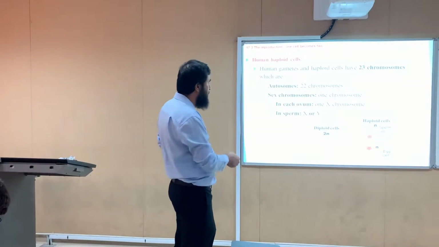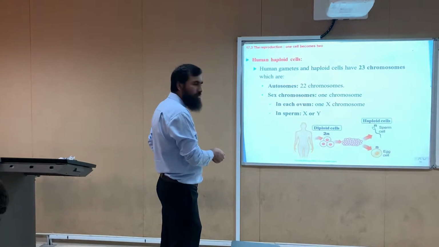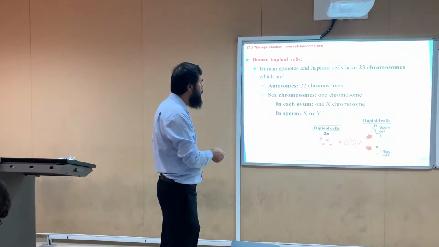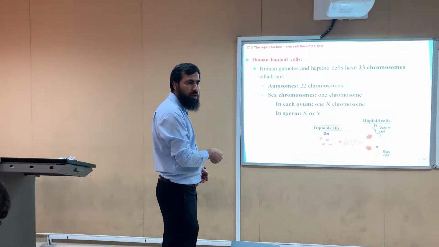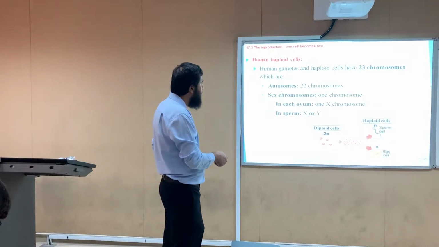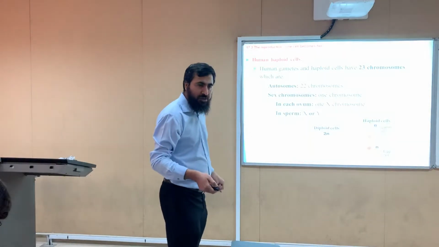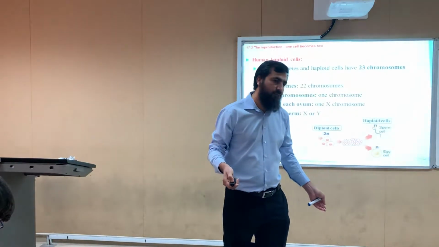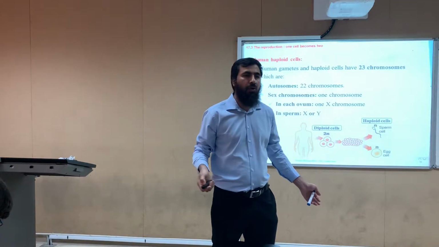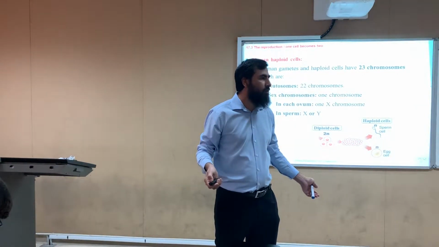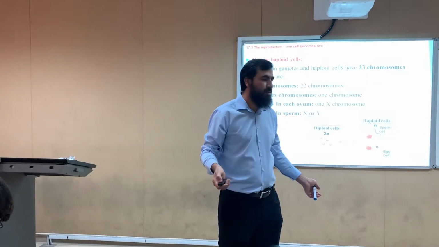Okay, so in the ovum, that's another term used to describe the egg, one X chromosome, because the female can only provide X. So all ova contain an X chromosome.